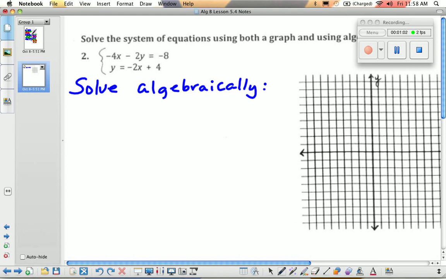And we just decided that this looks like kind of a friendly one for doing substitution. But before I do substitution, I'm thinking I want to rename that first equation, so it is going to help me be more successful. Because whatever this is right here, that's what y is equal to.